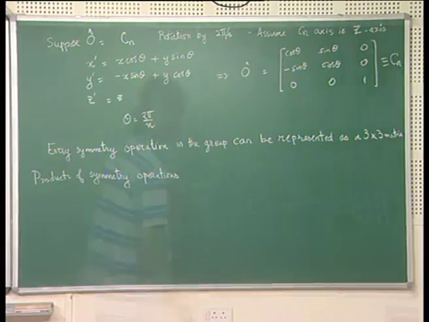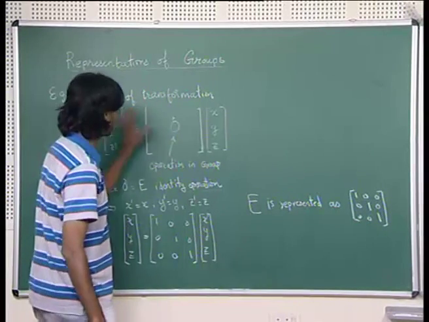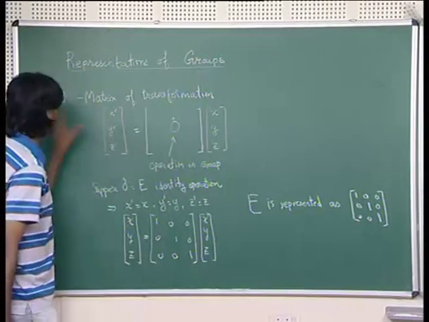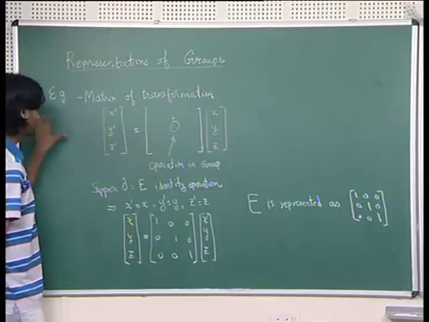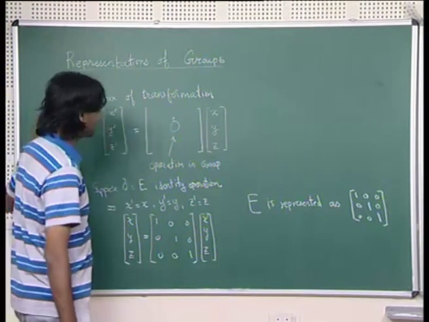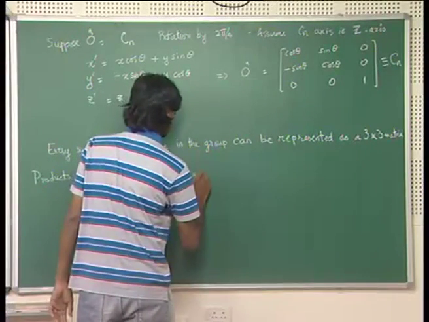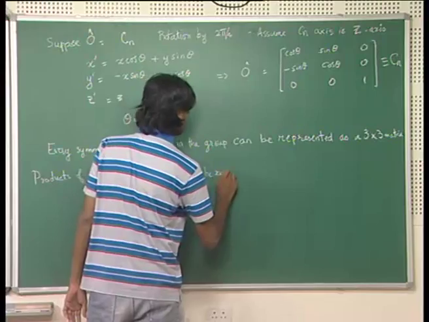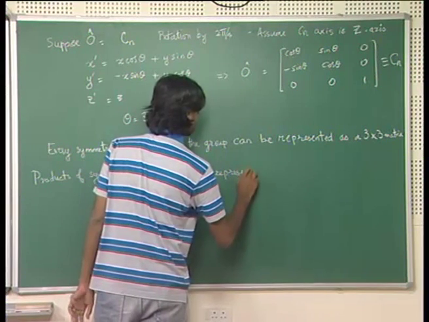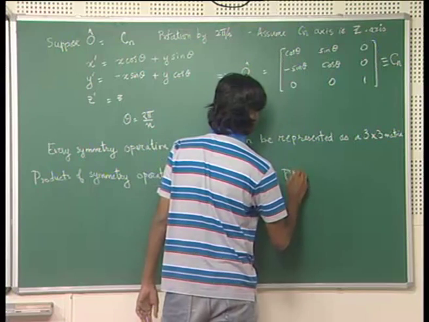That corresponds to first operating by one matrix and then by another matrix. So, you operate by one matrix to get this vector, then you operate on this vector to get the final vector. And this can be represented as products of matrices.